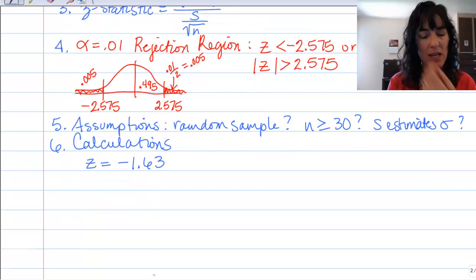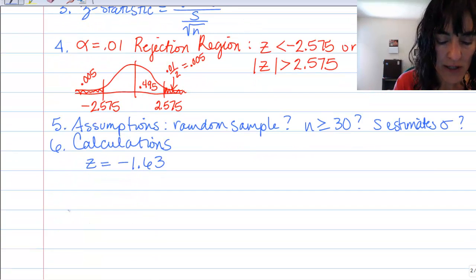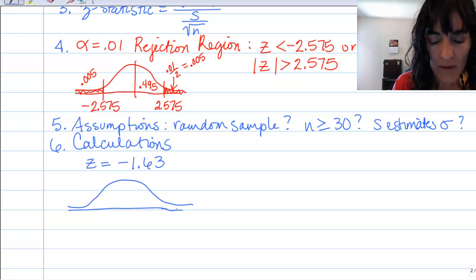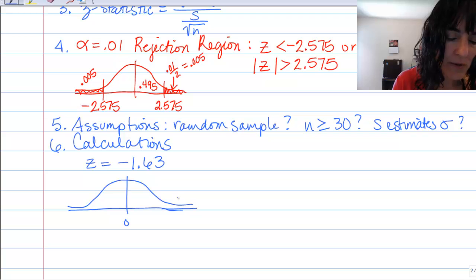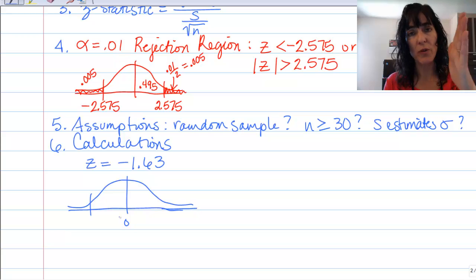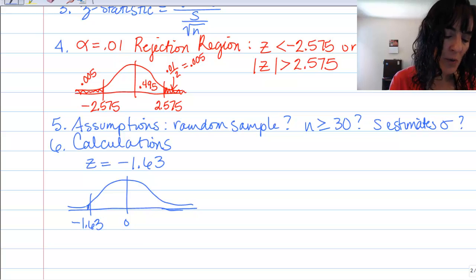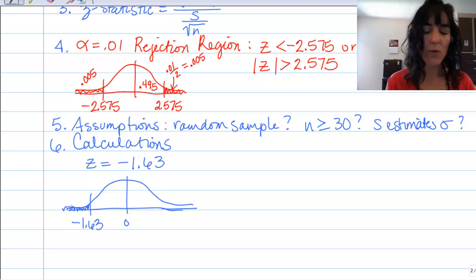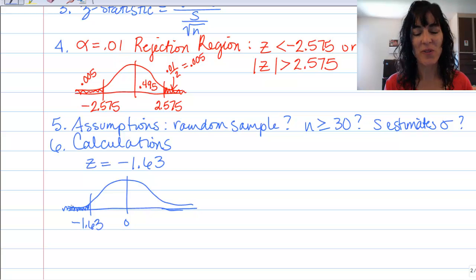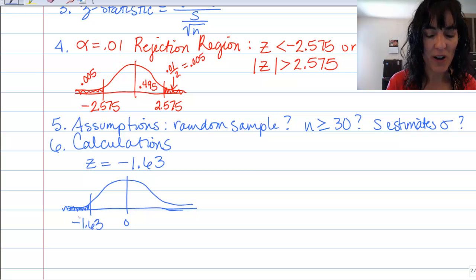And what that looks like on the chart is we have our 0 in the middle. Remember, this was meant to be a two-tailed, but we have just the left-hand side, which is normal. We have one mean to check, and that's a negative 1.63. And we want to know the area for anything outside of that value that we got for the Z.